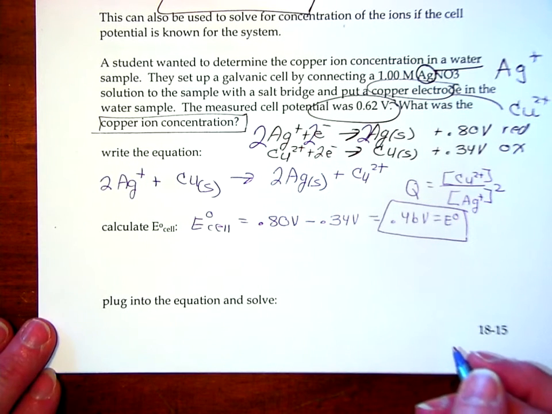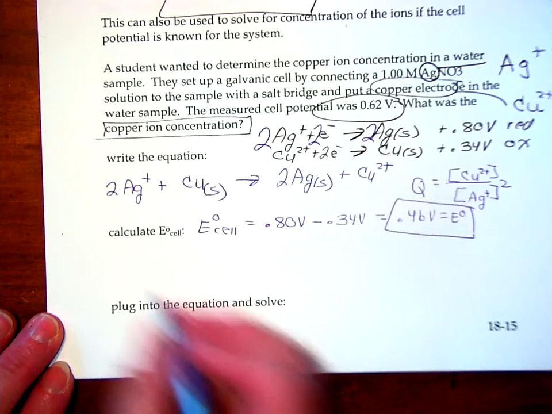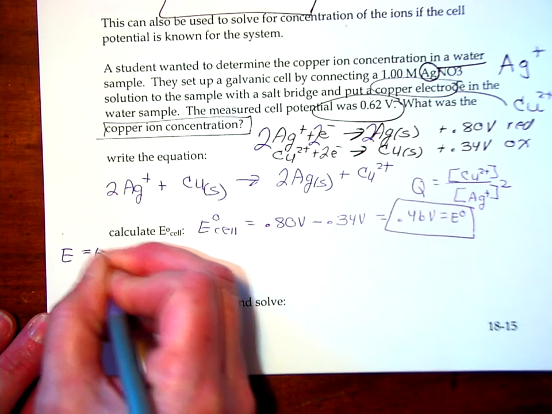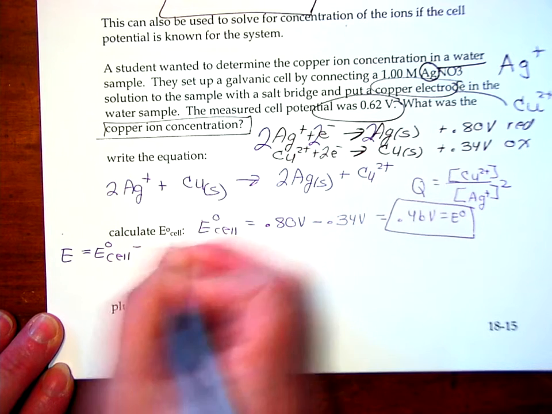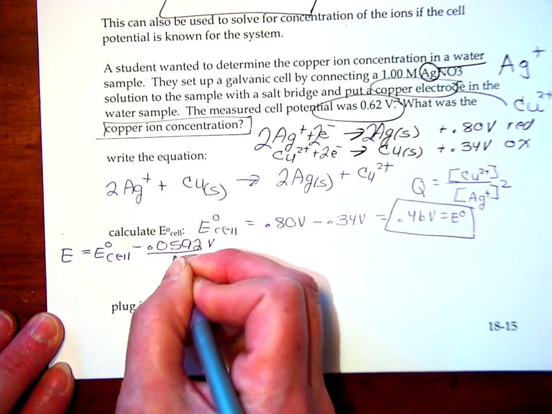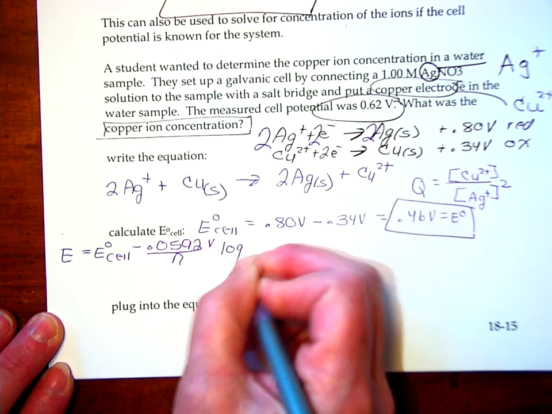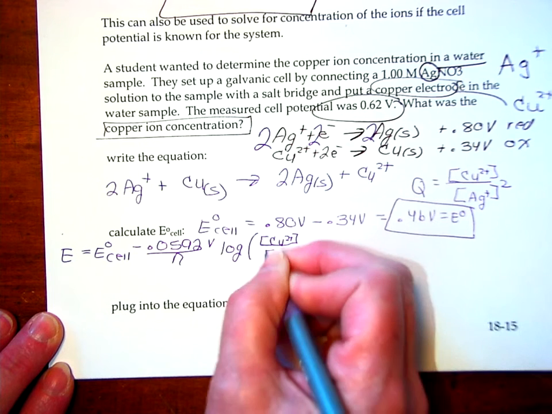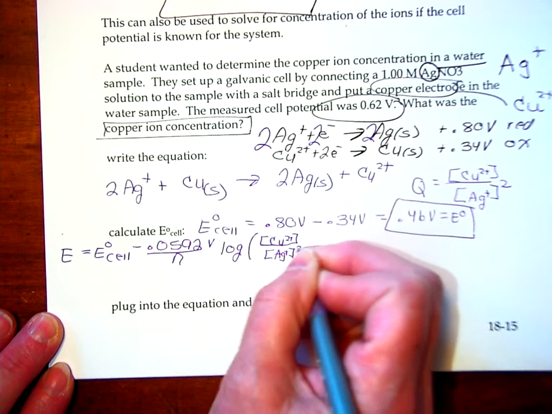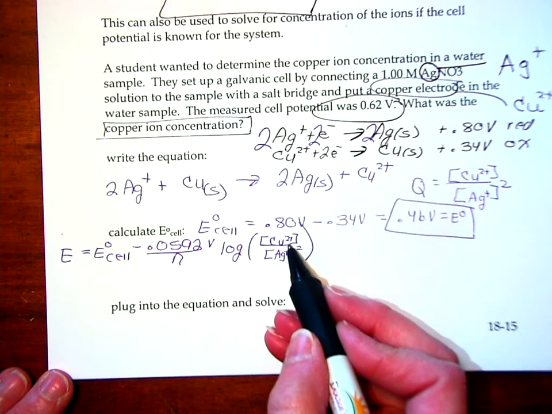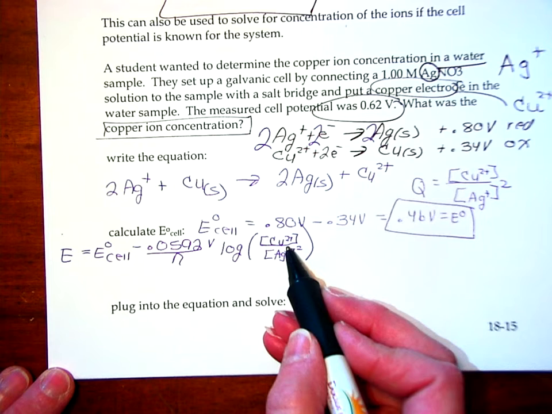Now we can go ahead and plug this into the equation. We know that E, the measured potential, is equal to E0 for the cell minus 0.0592 volts divided by n times the log of the copper concentration divided by the concentration of the silver ion squared. Now, this is a little different than those two previous problems because now my unknown is one of the concentrations. So I still just do the same thing.